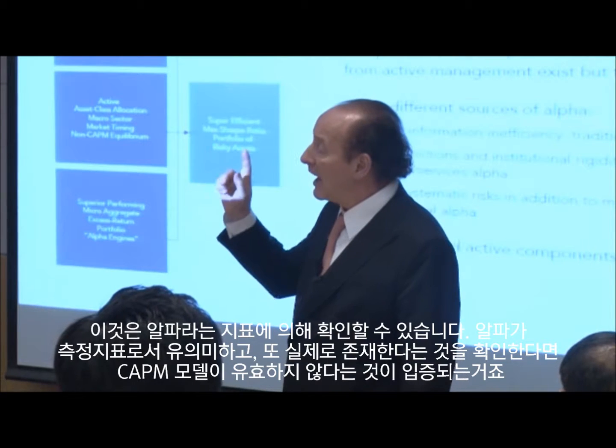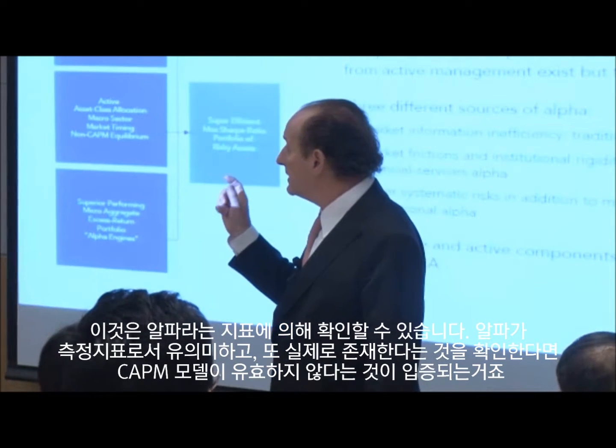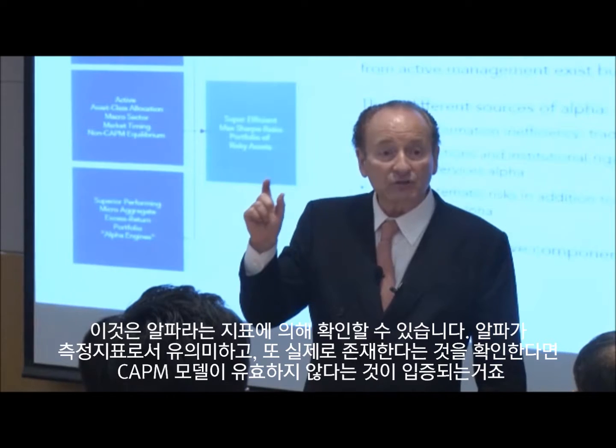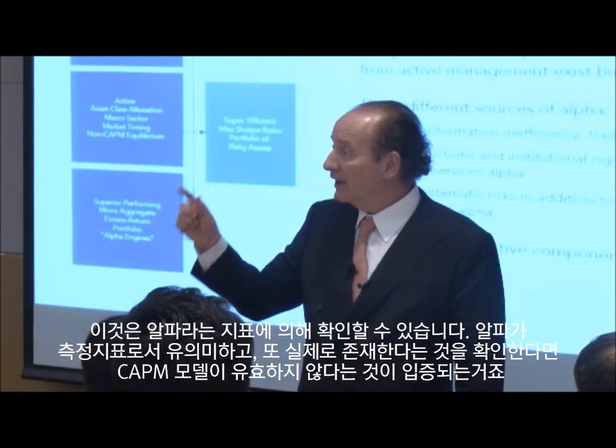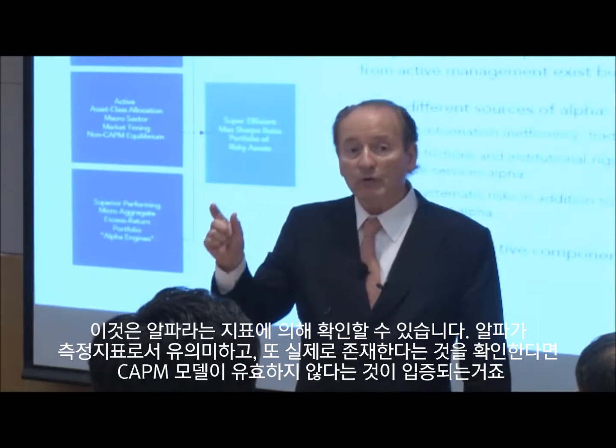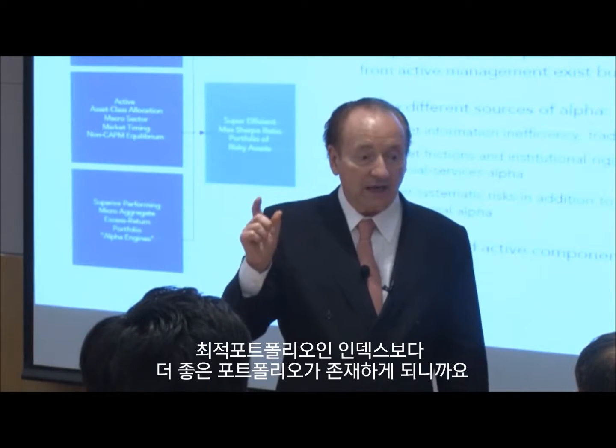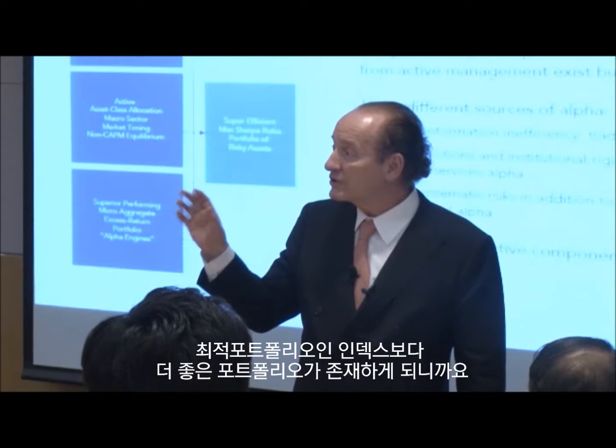Alpha exists. Alpha, I remind you, is simply an indicator that if there is a true alpha, the capital asset pricing model fails. If there is a true alpha, there's a portfolio better than indexing. Those are all the same statements.